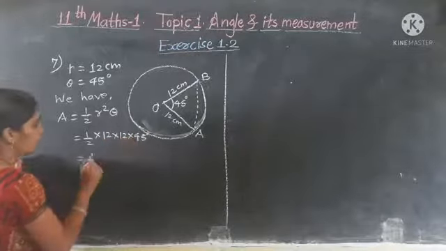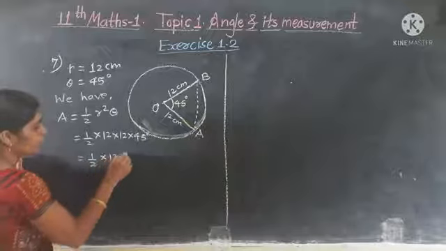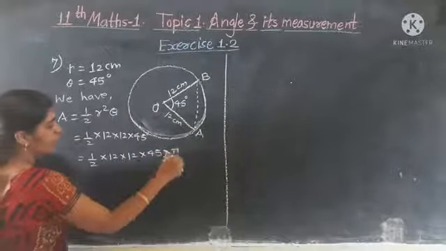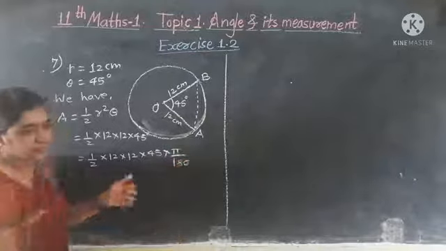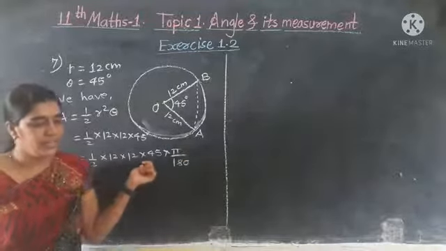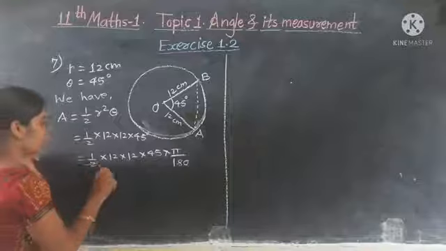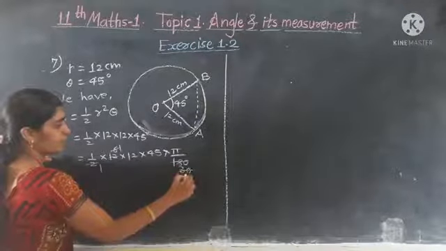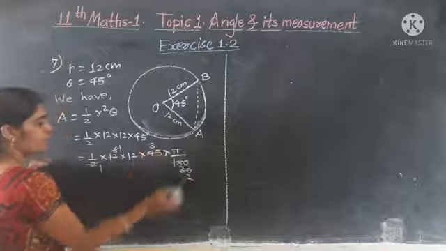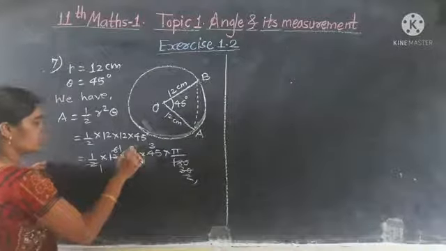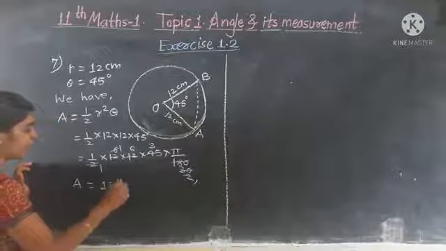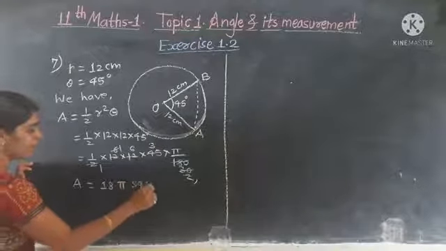We convert this into radian. 1 upon 2 into 12 into 12 into 45 into pi by 180. Okay, you first find the area of sector. Simplifying, we get the area as 18 pi square centimeter.